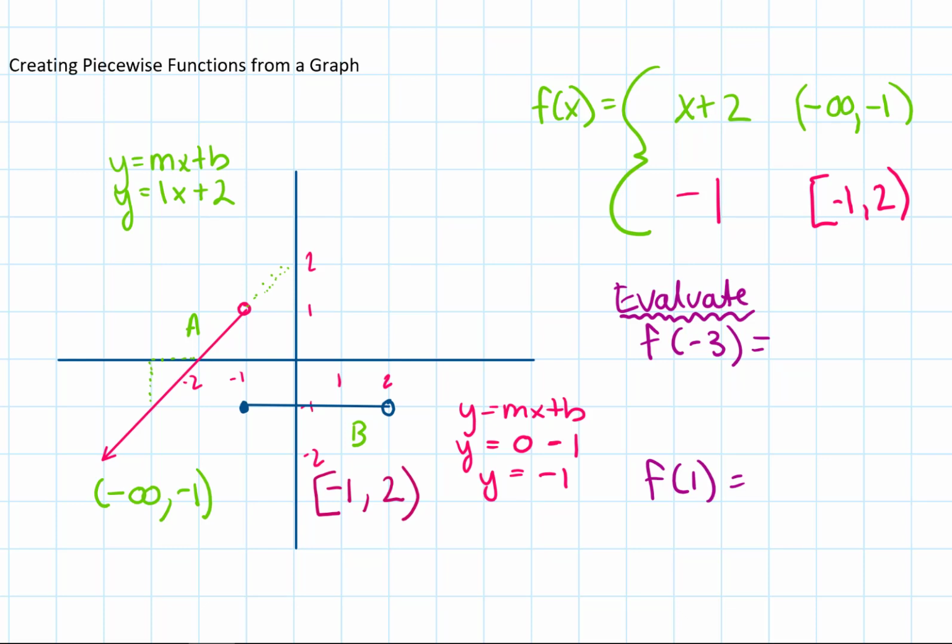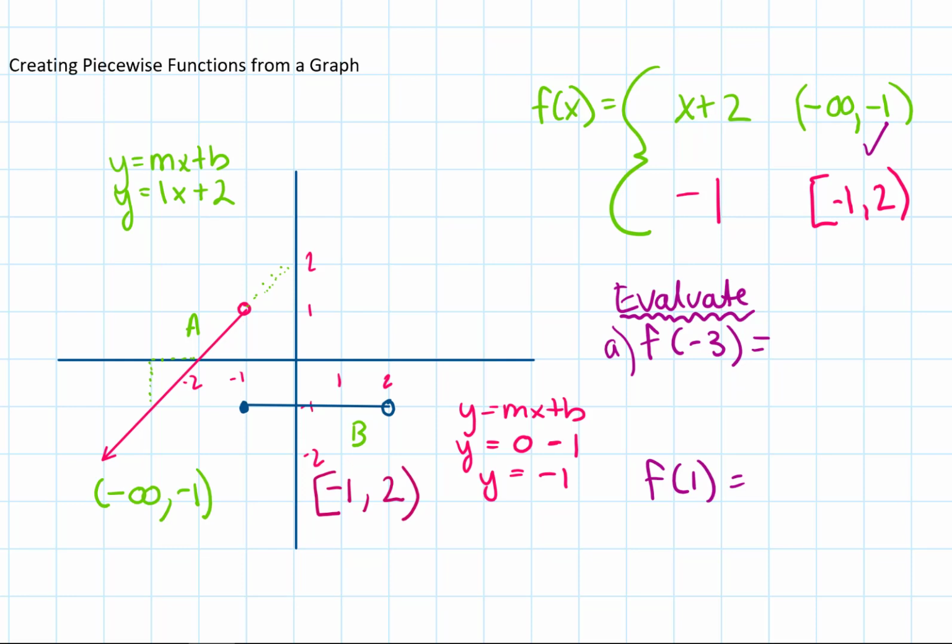So for the first one, A, it says x is equal to -3. So I check and see which domain -3 falls into. Does it fall into negative infinity to -1? Or does it fall into -1 to 2? It falls into the first equation.